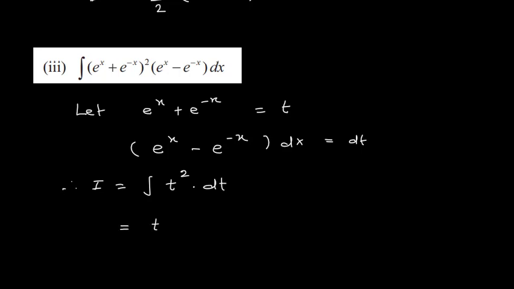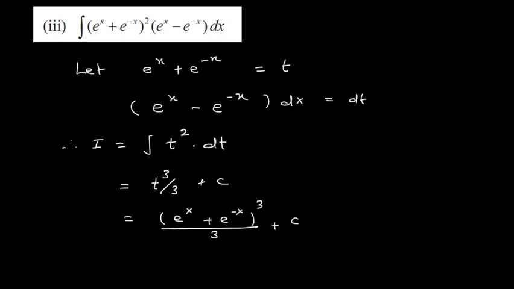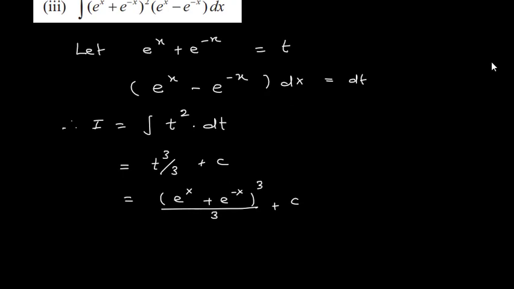Integration of t square is t cube divided by 3 plus c. So now your answer, replacing t, is e power x plus e power minus x the whole power 3 divided by 3 plus constant c. This is the third question.